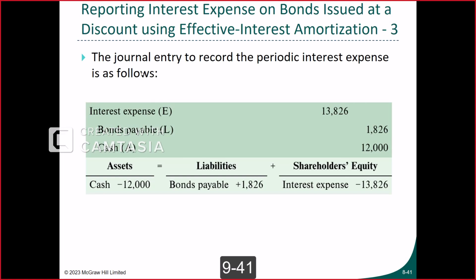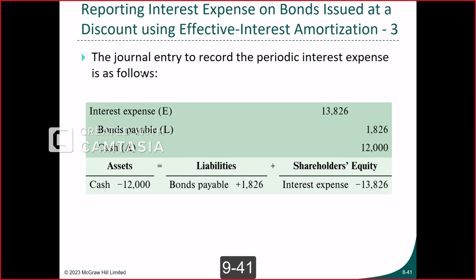Okay? So before we go to how we calculate every amount, let's elaborate on this journal entry. At the day you pay $12,000 of cash as interest, that $12,000 is the cash amount of the interest, and it is not the interest expense.